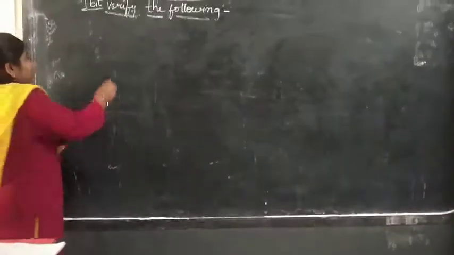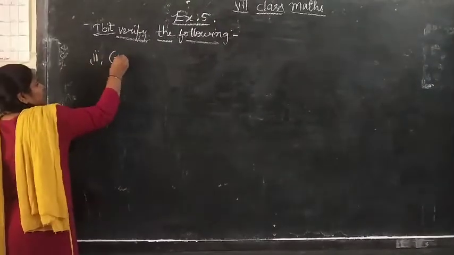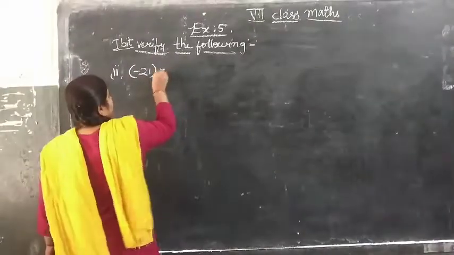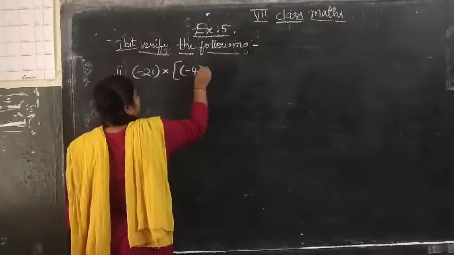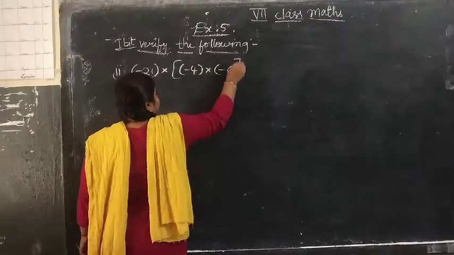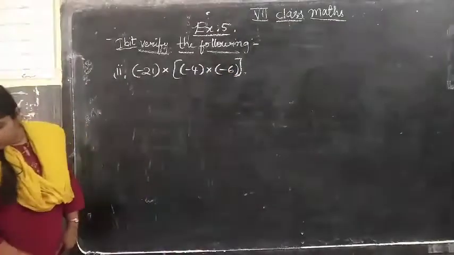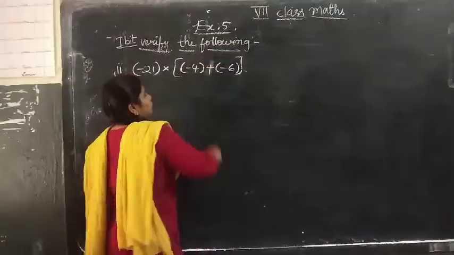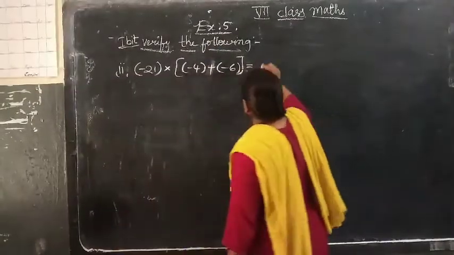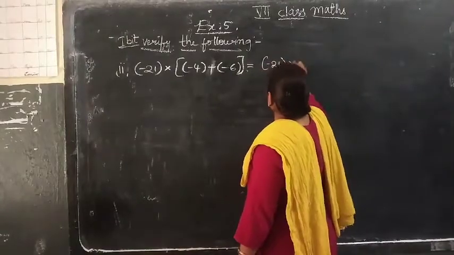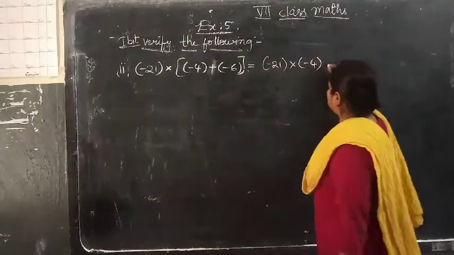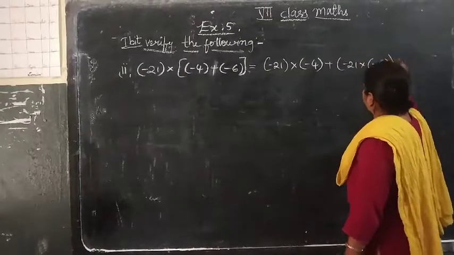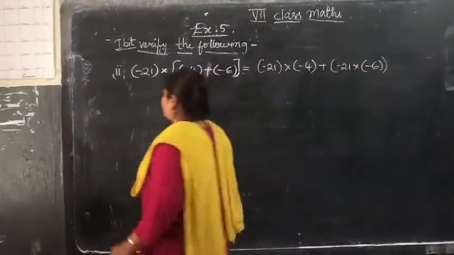So next one, minus 21 into minus 4 plus or minus 6. How do you write this? Minus 21 into minus 4 plus minus 21 into minus 6. Again this is in the form of the distributive property.